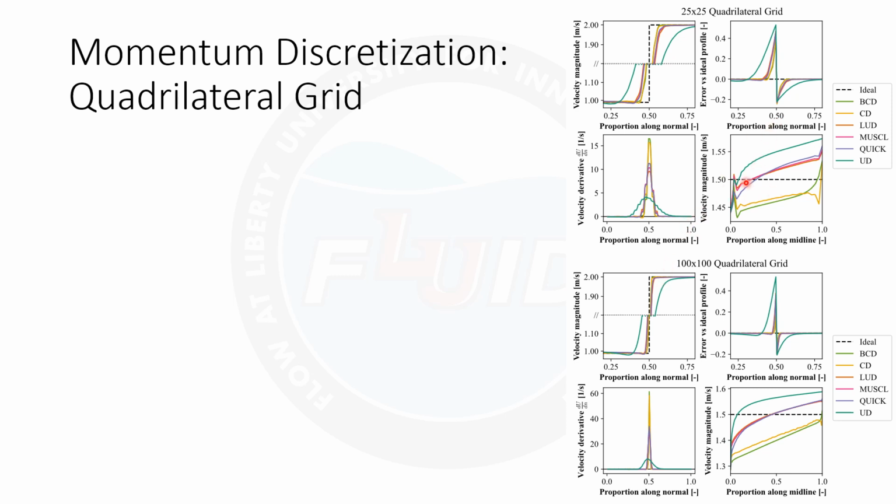Lastly, we're looking at the velocity magnitude as you move in the streamwise direction from the top left to bottom right corner. So we would expect the velocity there to just be the average of the two inlet conditions, so 1.5 meters per second. Okay, with that background, let's take a look at the actual behaviors of the method.